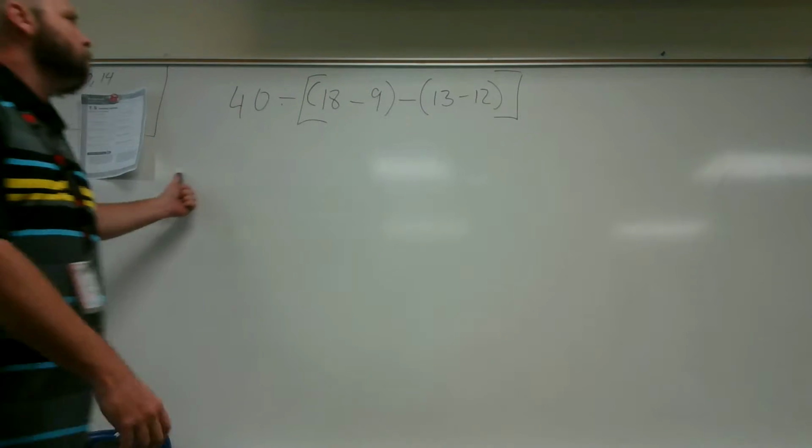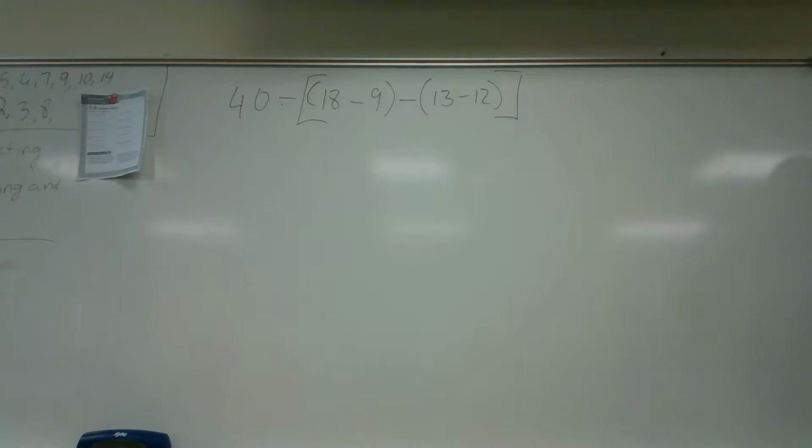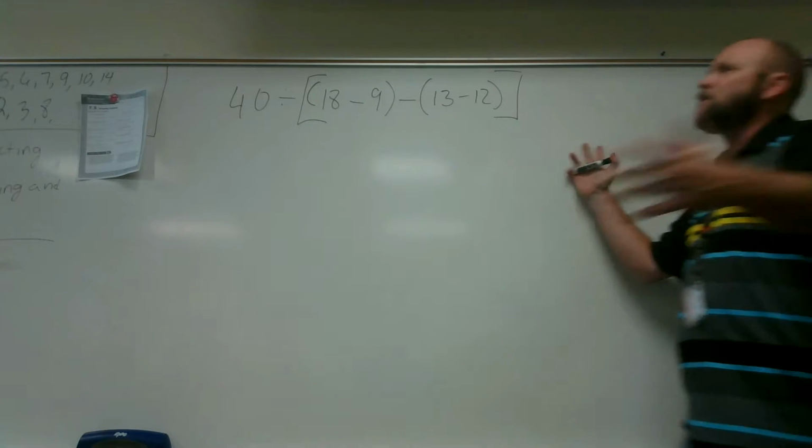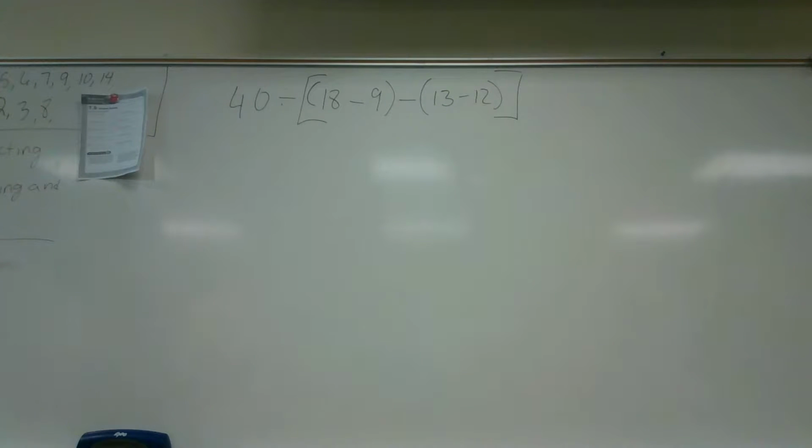So where do we start on this particular problem, Katie? You don't have to yell. All you have to do is tell me that we start in the brackets. Good, we're going to start in the brackets, because that is our bigger grouping symbol, and inside the brackets we have smaller grouping symbols.